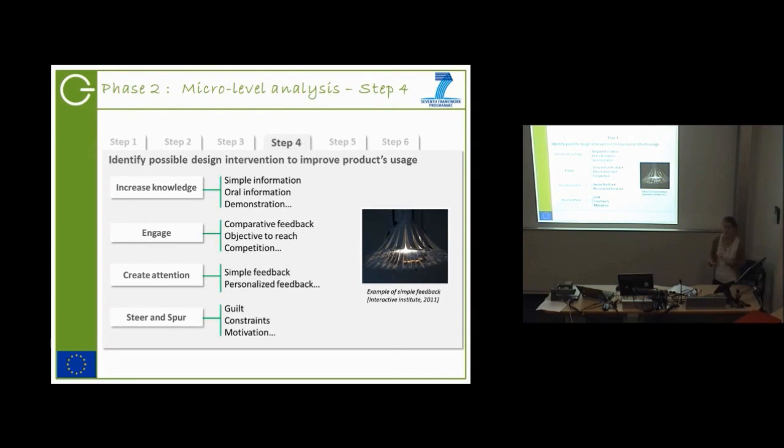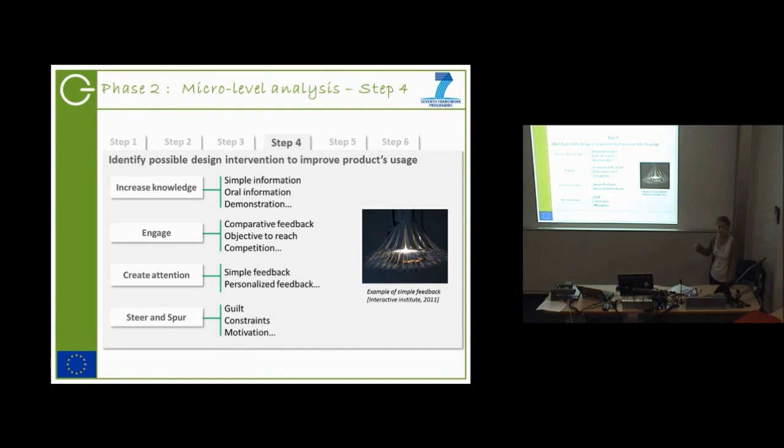From the literature and from a classification of different design for sustainable behavior strategies that we have made, a designer can select different kinds of strategies they want to test according to the typology of product, the level of intervention of the user, and the objective of the company.